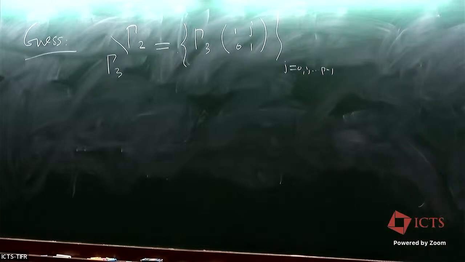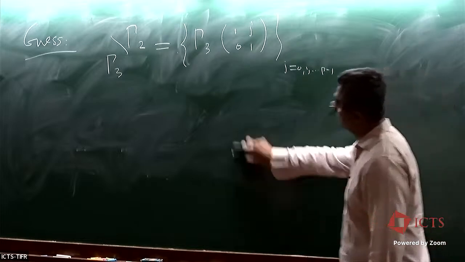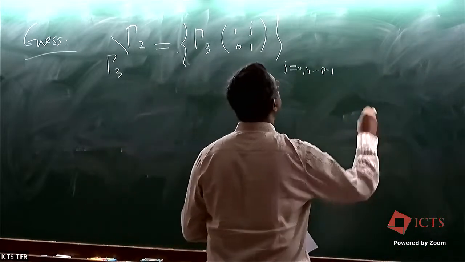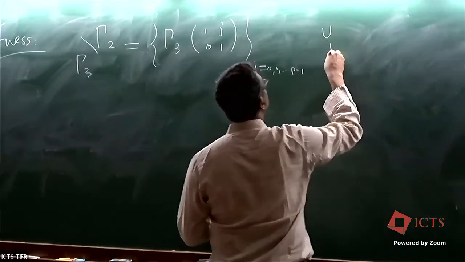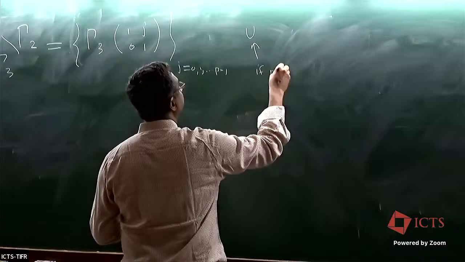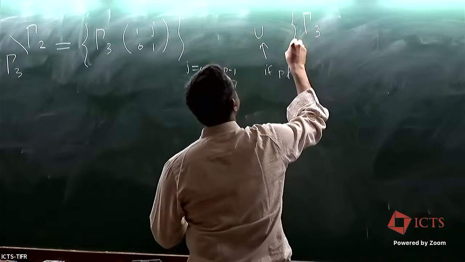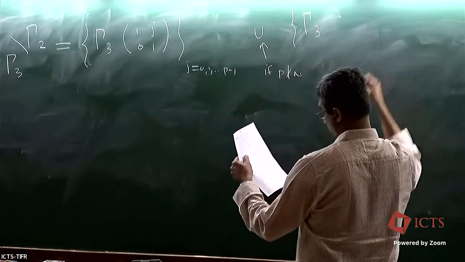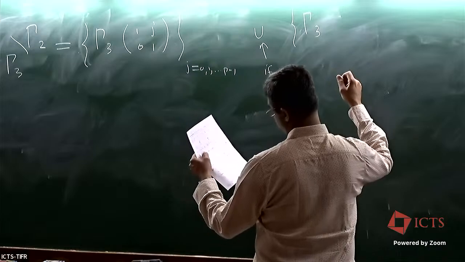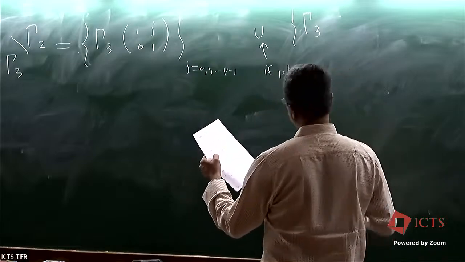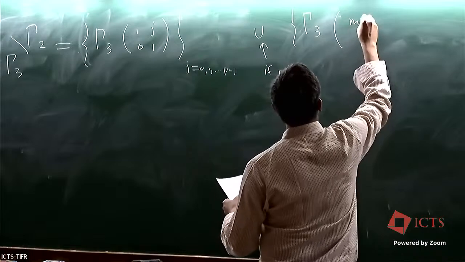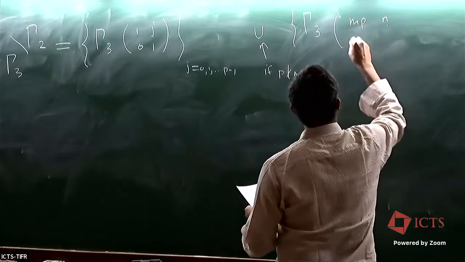If p does not divide N, you have to take one more coset representative, a union with a singleton set, one coset only. The matrix is a bit complicated, but let me write it down: (m p, n; N, 1).